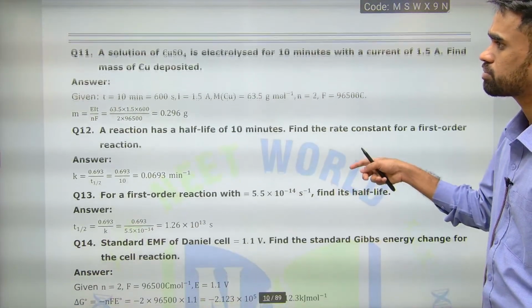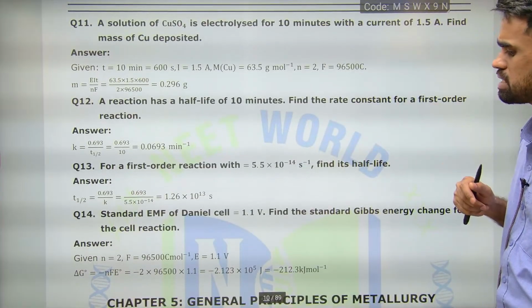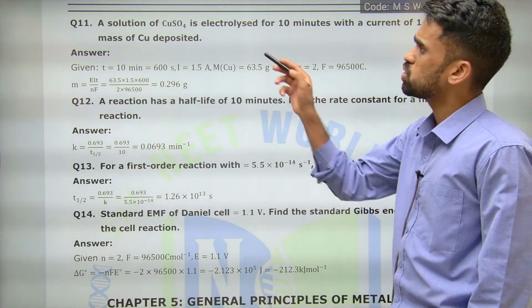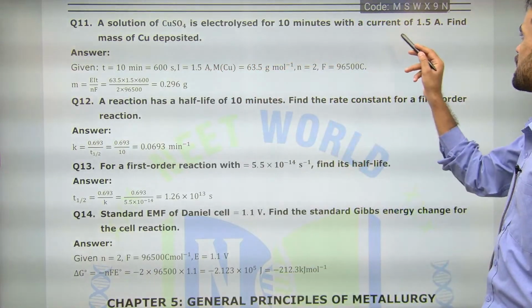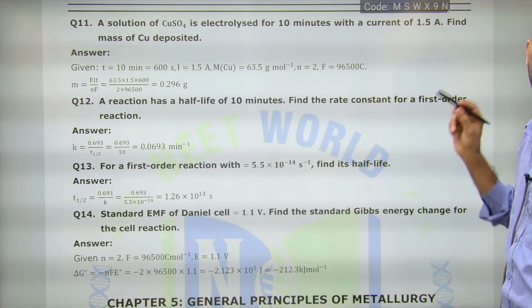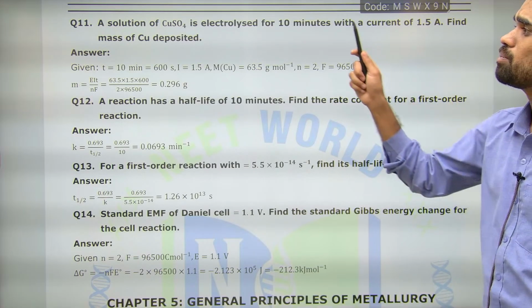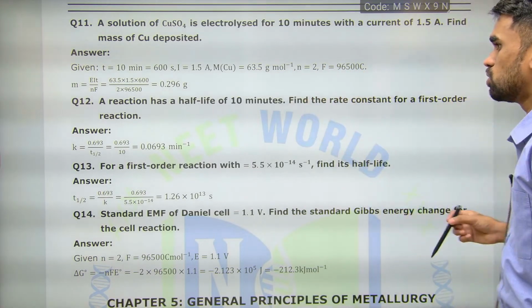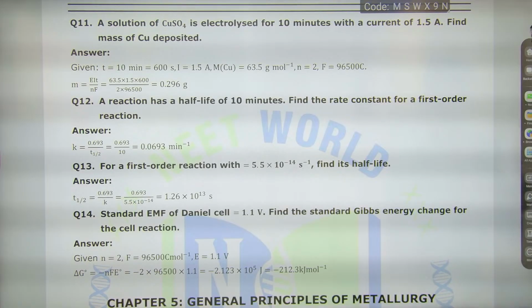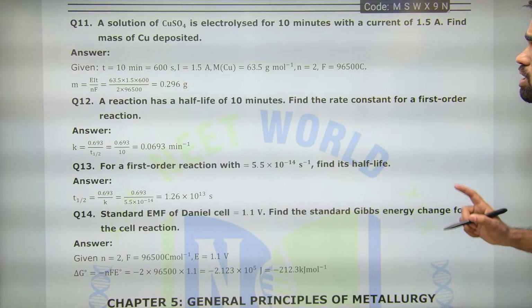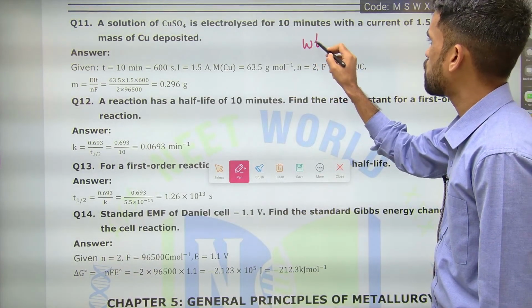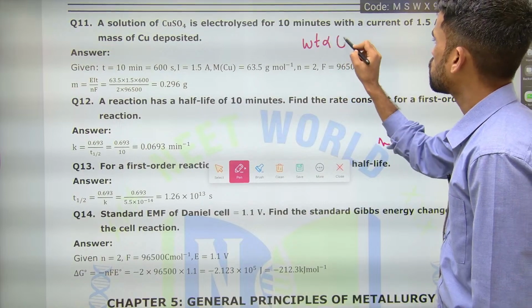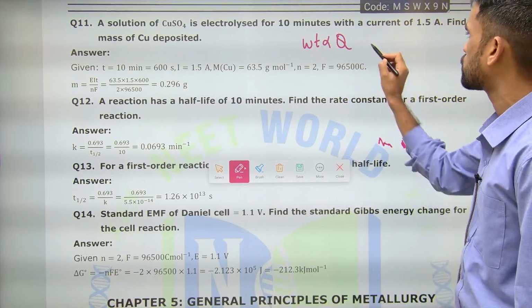Next, the 11th question says: a solution of copper sulfate is electrolyzed for 10 minutes with a current of 1.5 amperes. Find the mass of copper deposited. Based on the first question we studied, the weight of a substance deposited is directly proportional to the quantity of electricity passed through the electrolytic solution.